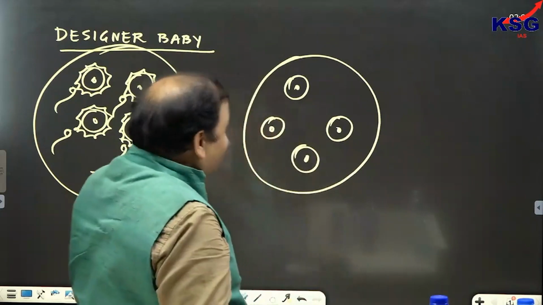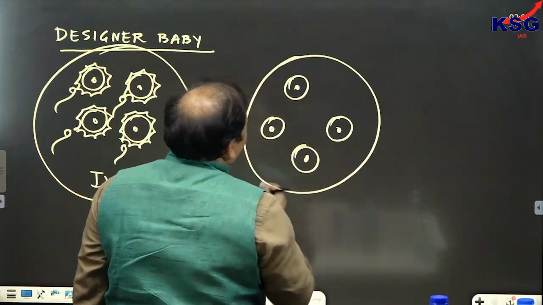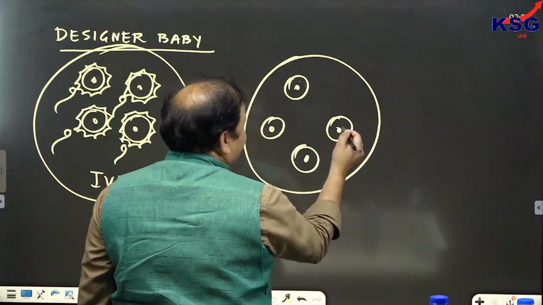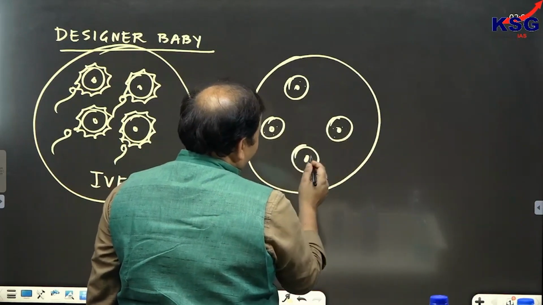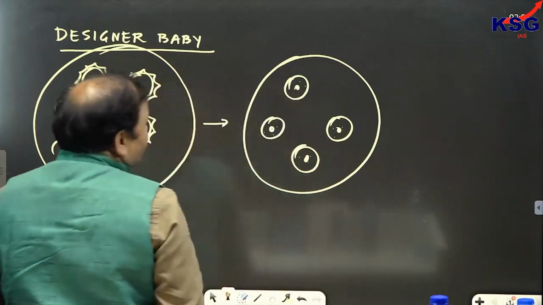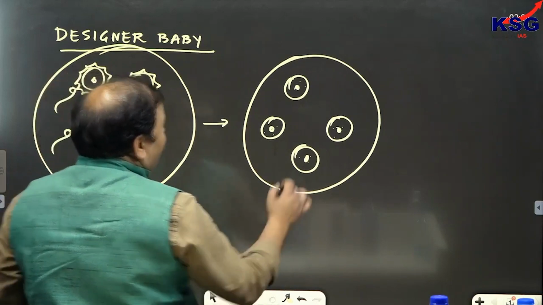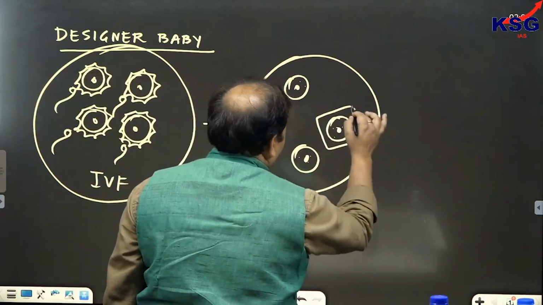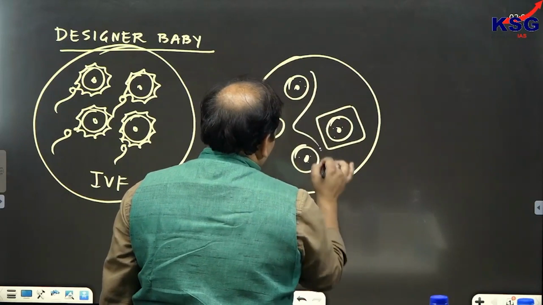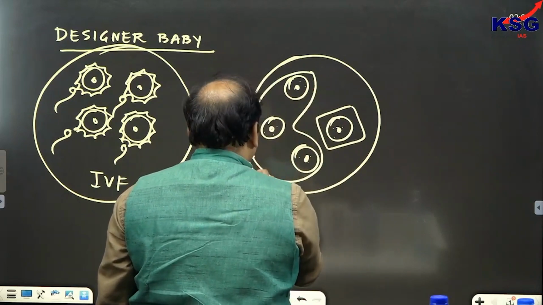Now जो कैरेक्टरिस्टिक ये मदर एंड फादर ने विश किया है वो कैरेक्टरिस्टिक इसमें है कि नहीं, ये देखेंगे. क्लियर? Those characteristics are present in this embryo or not, zygote or not. And मान लो अगर एक में है तो this would be selected and the remaining would be discarded.